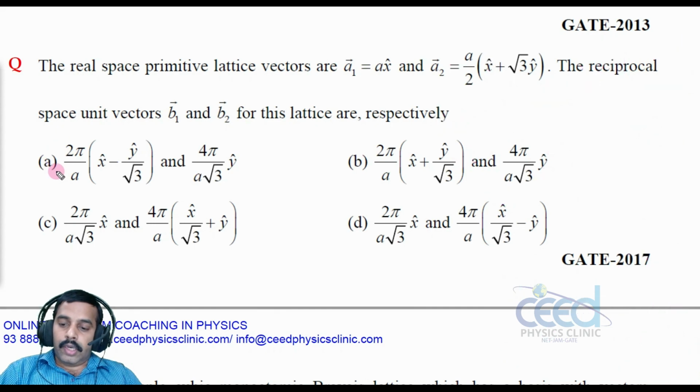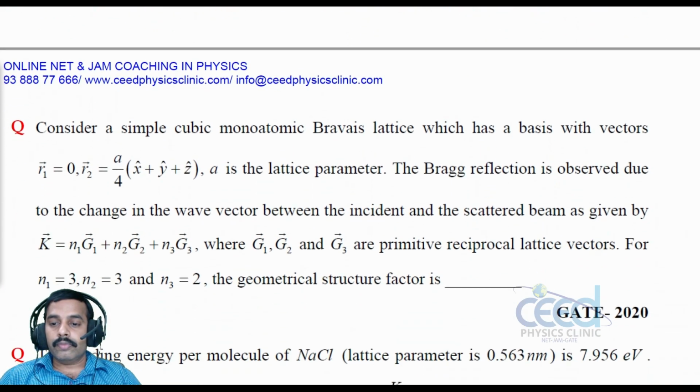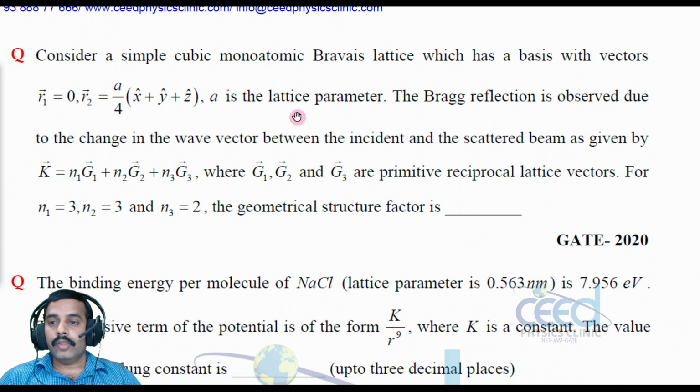Now let us come to another question. Consider a simple cubic monoatomic Bravais lattice which has the basis with vectors r1 equal to 0, r2 equal to a by 4 into x cap plus y cap plus z cap, where a is the lattice parameter.